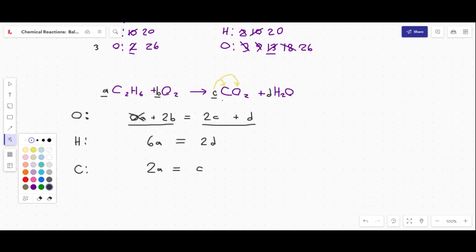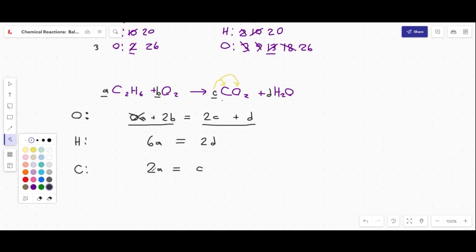It doesn't matter which one I pick, but it looks like it might make sense to solve for each one in terms of A. Okay. So, what's that technique called? Yep, substitution.